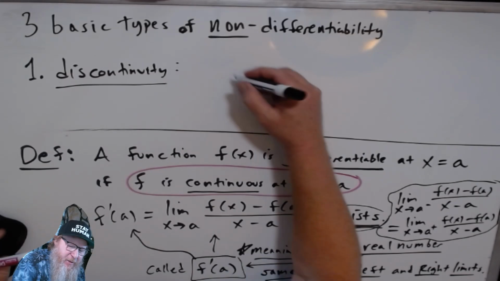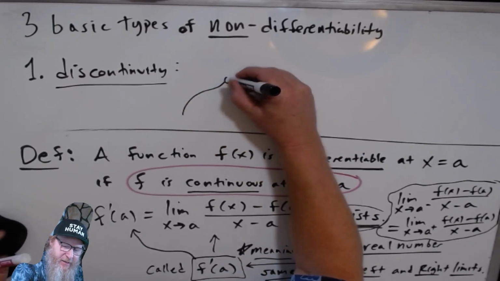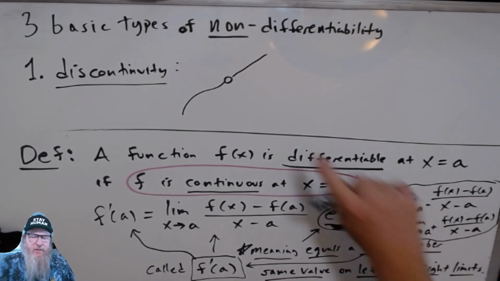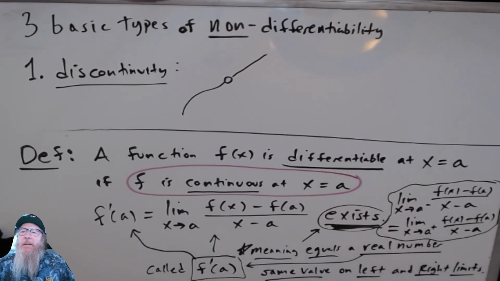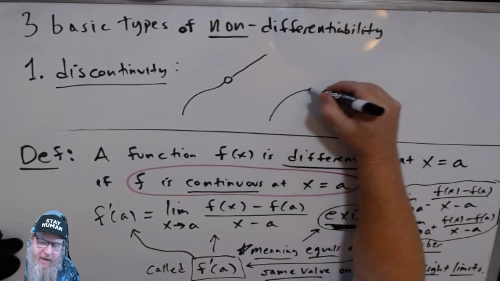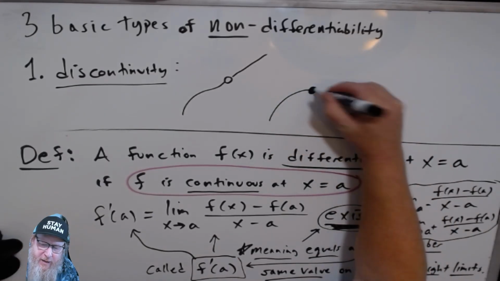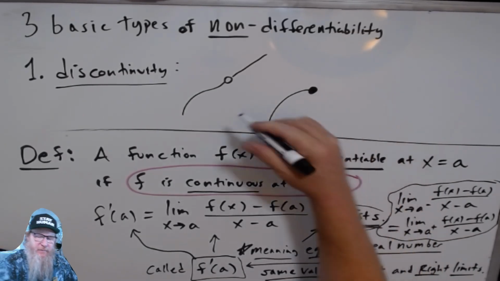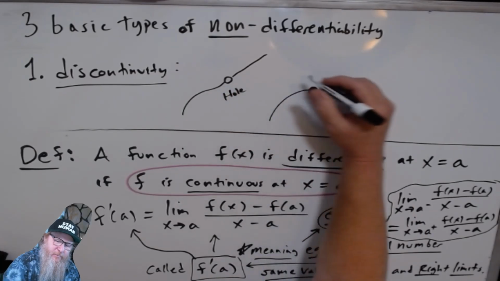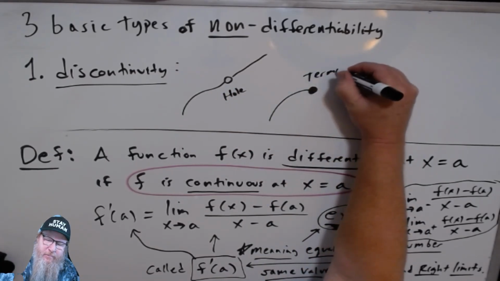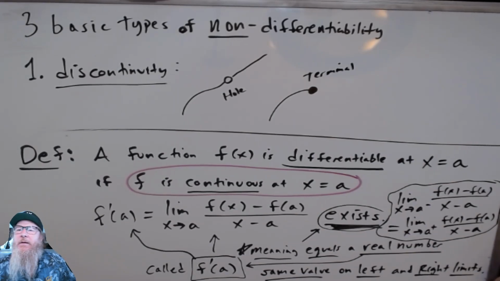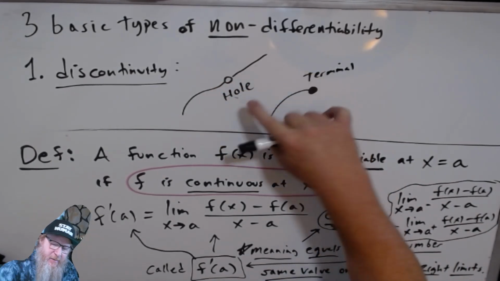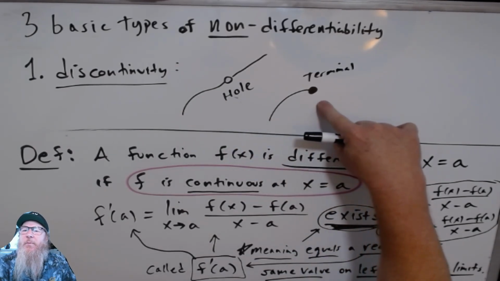So the most basic type of non-differentiability would be a discontinuity. All right, so something like a graph like this with a hole. Or an endpoint we call a terminal point. So we call this a hole or a removable singularity, or a terminal point.